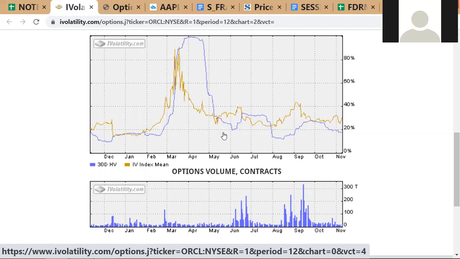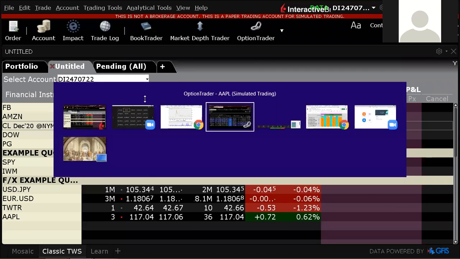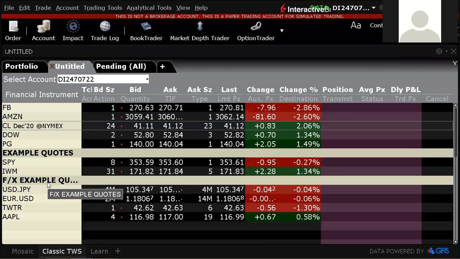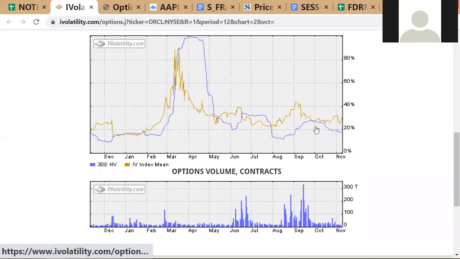Actually, it is ranging between 20% and 40%. What are these percentages? See the numbers we are using here. That is for Oracle, but these are the numbers. This 20% and 40% you see on the chart. This 20 to 40% range.